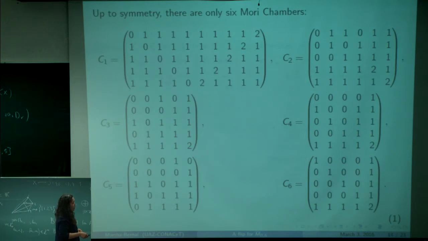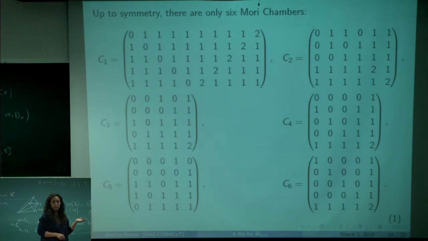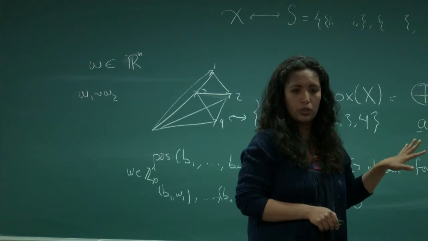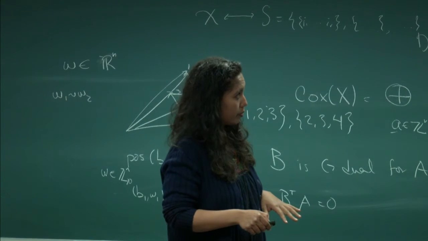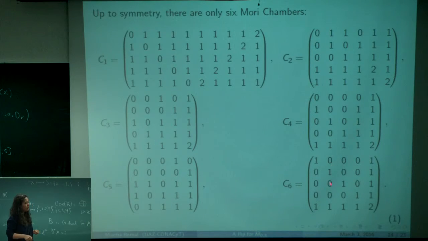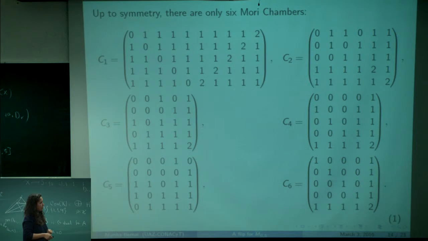The good news is that all the Mori chambers here are the known weighted moduli spaces from Hassett. So he described these weighted moduli spaces, and each of the symmetry classes tells you which points can come together in his description. So these are all known models, and it worked perfectly fine.